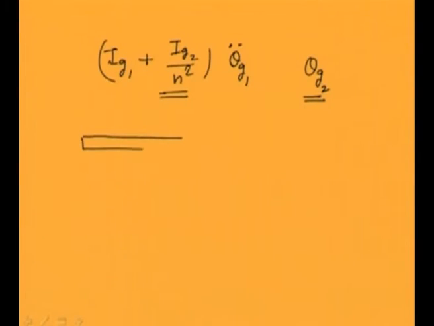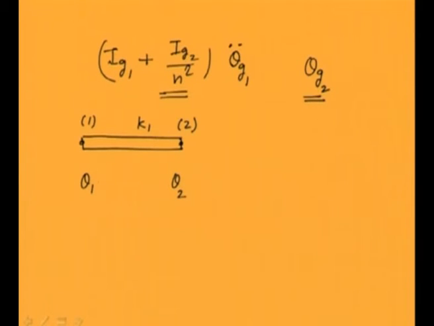Now let us write the elemental equation for the stiffness. For that let us take the shaft having stiffness K1 with element node 1 and node 2, and correspondingly theta 1 and theta 2 are the displacements.